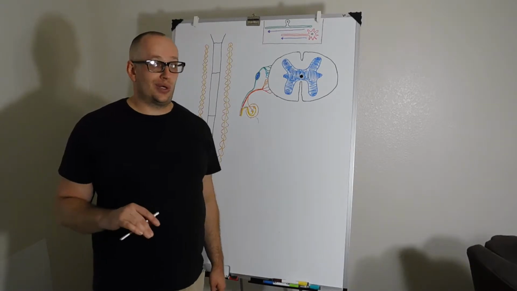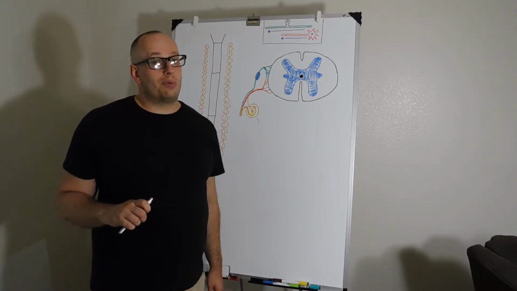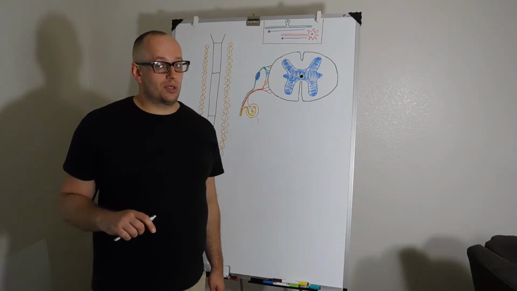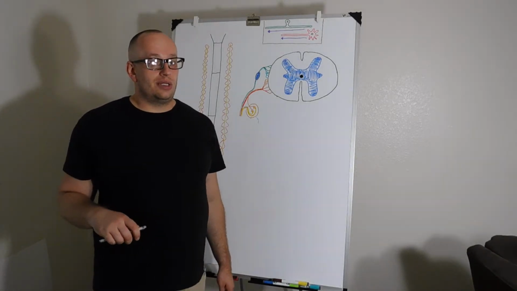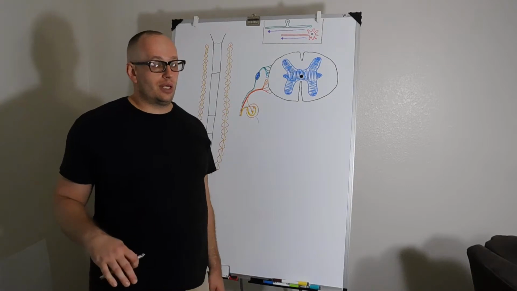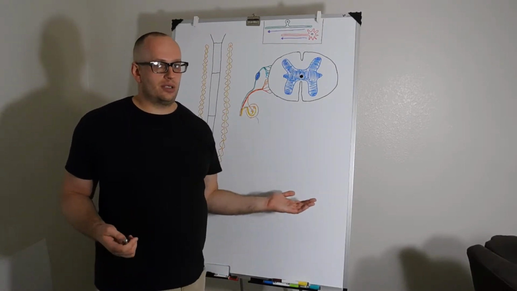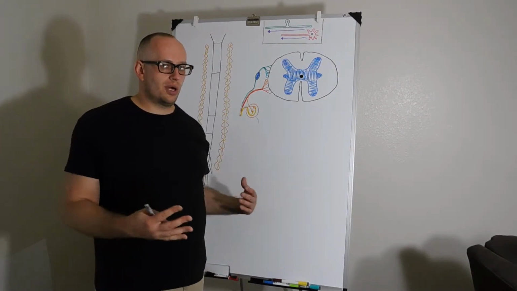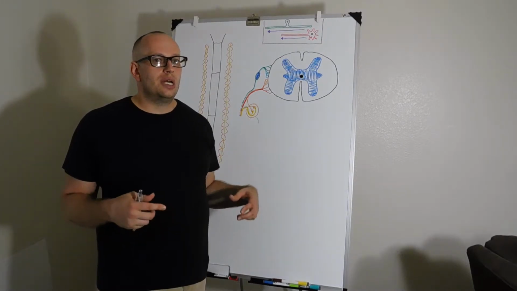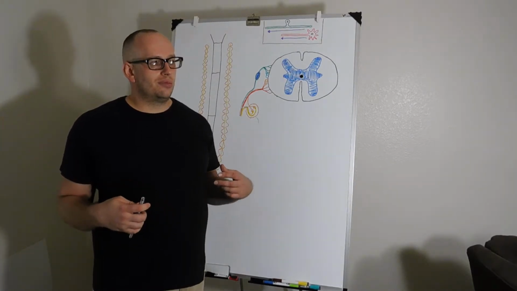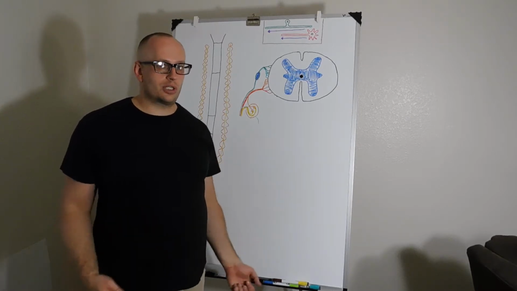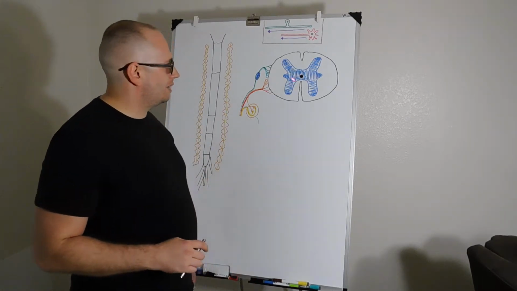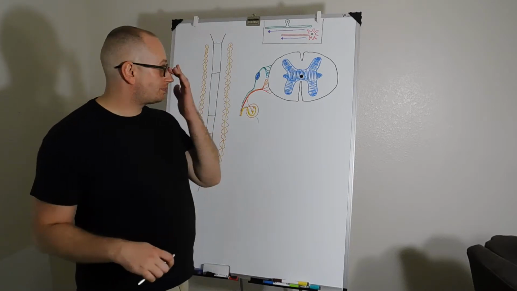In fact, it's actually rare for an upper motor neuron to synapse directly with a lower motor neuron. Usually they're synapsing with other interneurons, and like I was talking about the central pattern generators, they're synapsing with other hardwired information that's absolutely crucial to our basic coordination of movement here in this area in the gray matter.